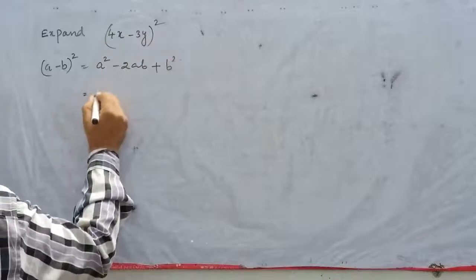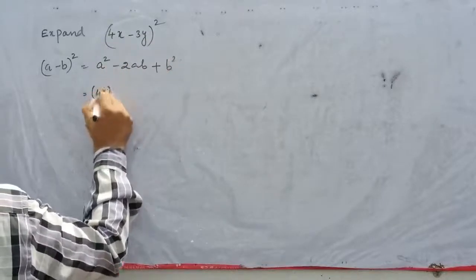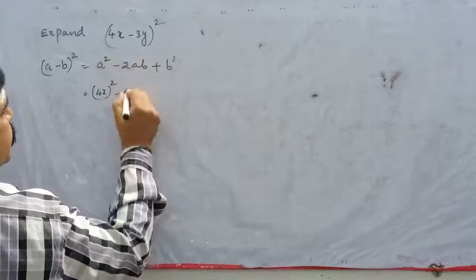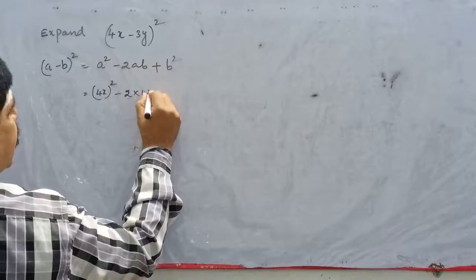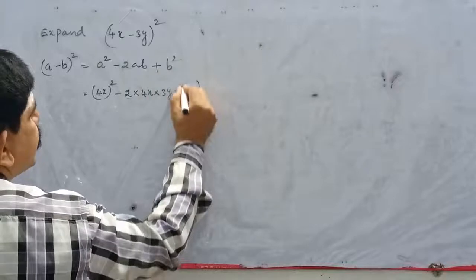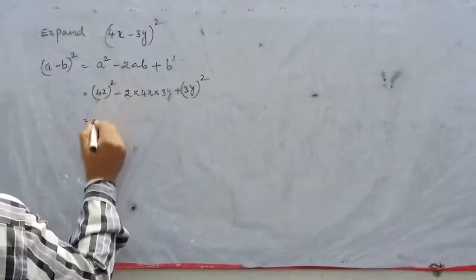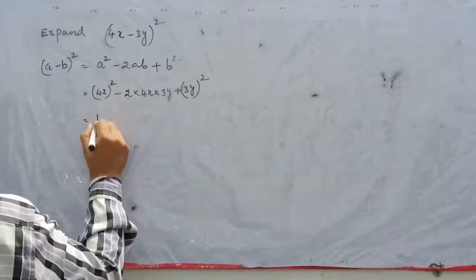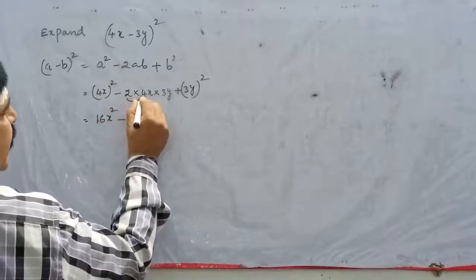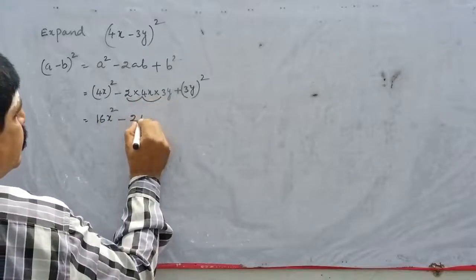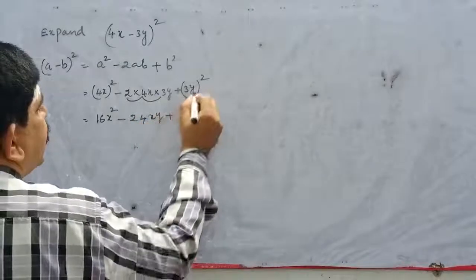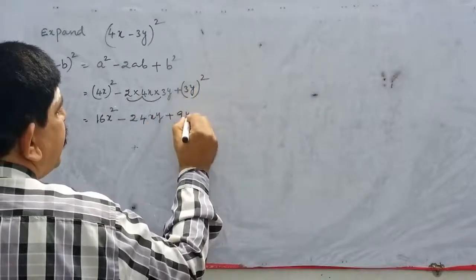Substitute here: (4x) whole square minus 2 into a, 4x, into b, 3y, plus b square, (3y) whole square. (4x) whole square is 4 4s are 16, x square, minus 2 4s are 8, 8 3s are 24, xy, plus 9, (3y) whole square is 9y square.